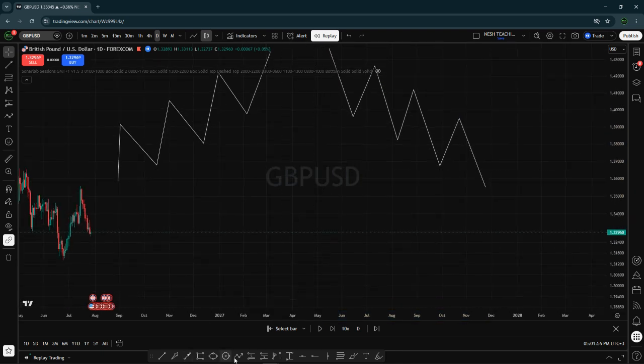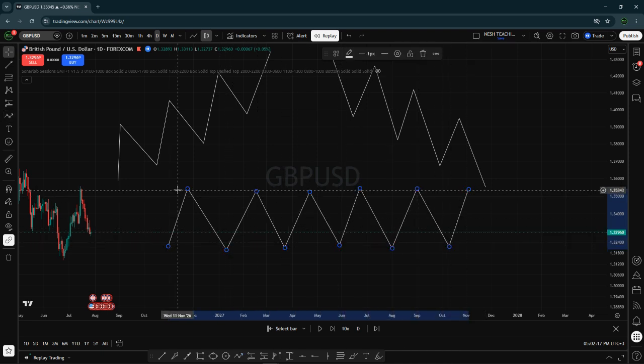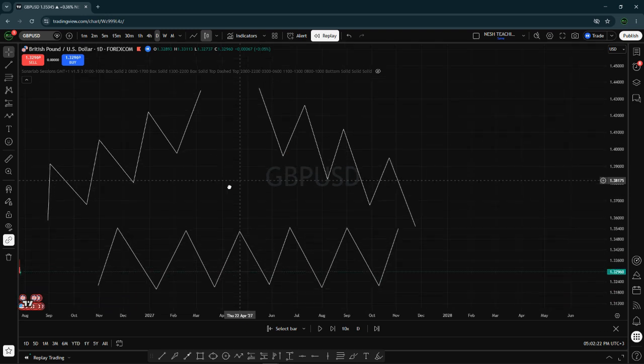And another scenario where the market is just not trending in any direction. It's in an indecision form, or it's in a range. It's consolidating, right? So these are the market structures.